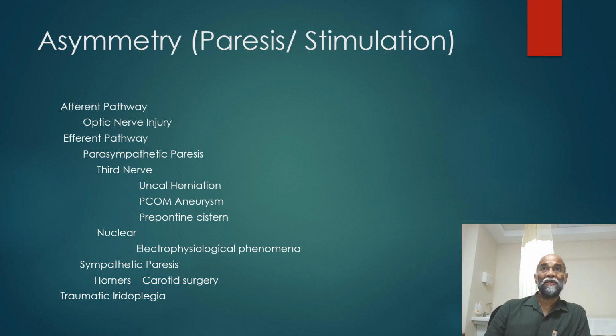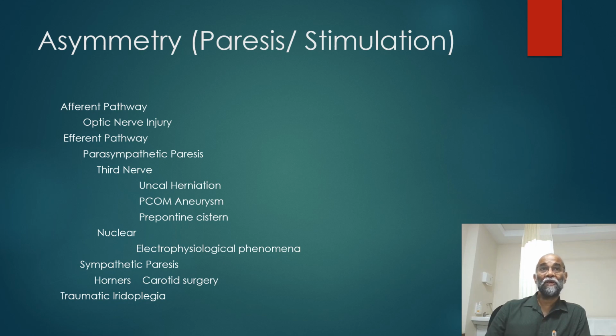Some injuries, especially inertial injuries, might involve a small injury to the third nerve in the prepontine cistern. You might find a dot of blood along the course of the third nerve and an ipsilaterally dilated pupil. Sometimes you can have pupillary asymmetry without any involvement of the third nerve because of a nuclear cause.